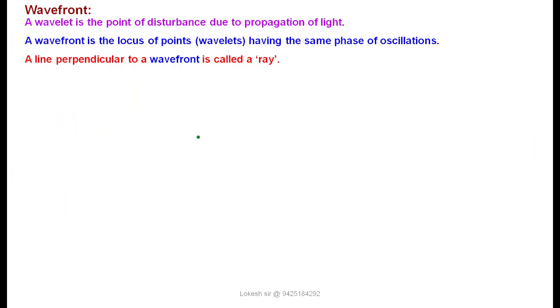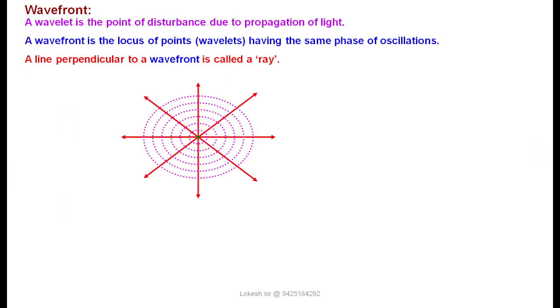Now check here, the green point is a source. So this is a source of disturbance. First, you give your disturbance in a given medium, air or vacuum, to this point. Now these pink points are the freshly prepared sources.